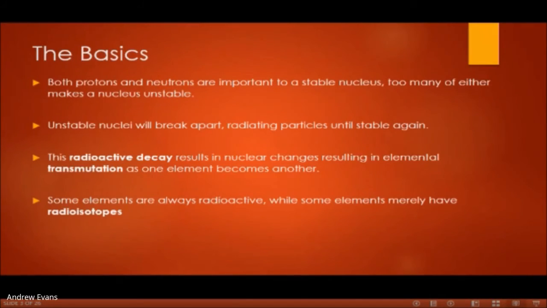Now, some elements are radioactive, some are stable, and some are always radioactive no matter what you do. Some just have certain isotopes that are radioactive. So like cobalt, usually pretty stable, but we can generate a radioactive isotope of cobalt that's used in medicine. Same thing with iodine.